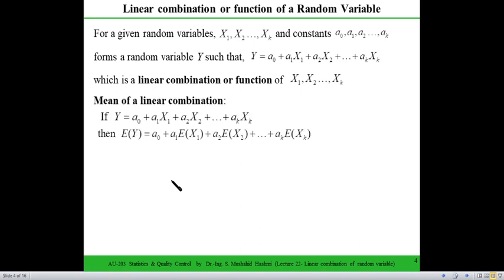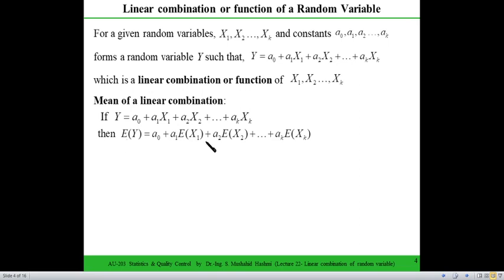If we are interested in calculating the expected value of the linear combination of random variables, here it is y, the expected value of y would be equal to the expected value of a0 plus the expected value of a1 times x1 and the expected value of a2 times x2, and so on. And from that we already have some rules for expected value. The expected value of a constant is the constant itself, and the expected value of a1 times x1 would be a1 times the expected value of x1.